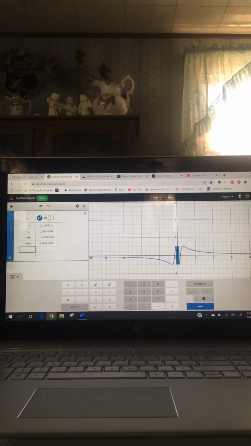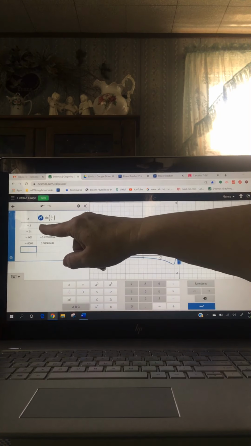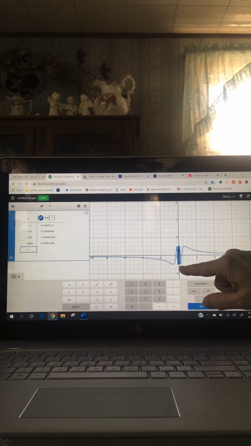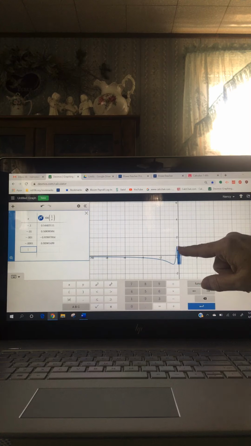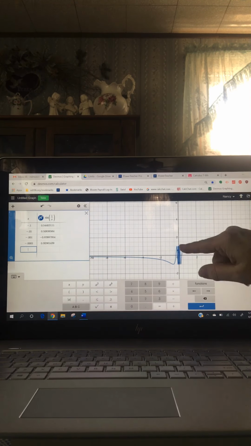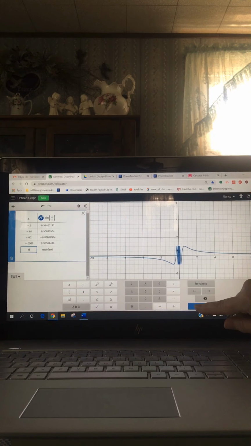That's as far as we go. But notice how it went from 0.54 to 0.5, then down to negative 0.82. See, these points were plotting at the same time. Well, that's insanity. All right. So now I'm going to plug in 0 and it's undefined.